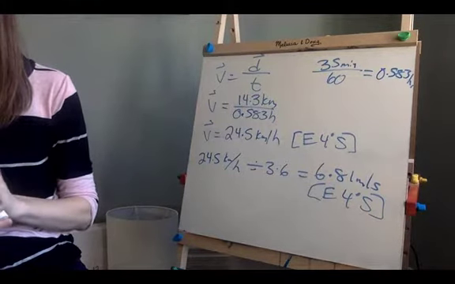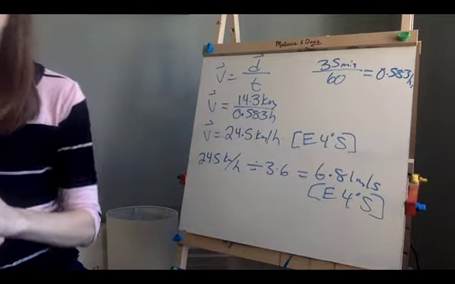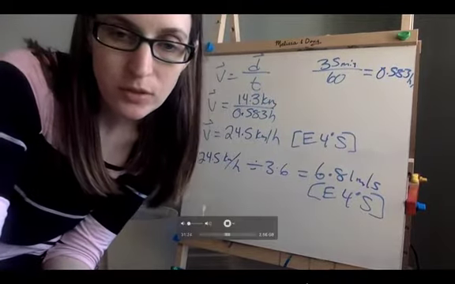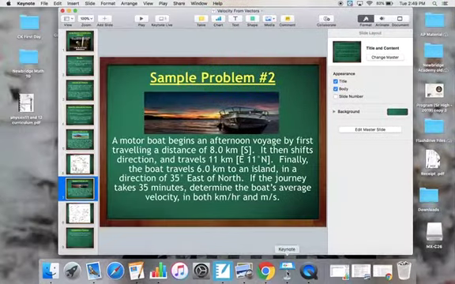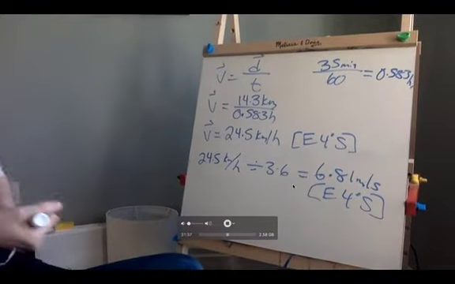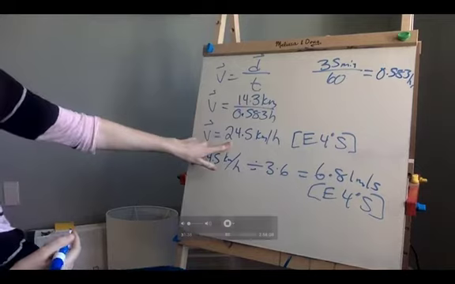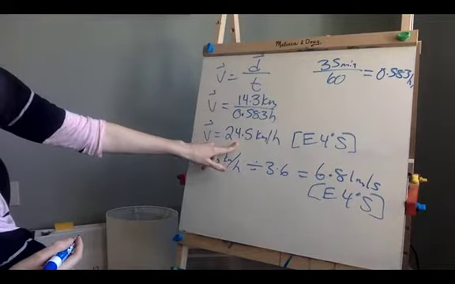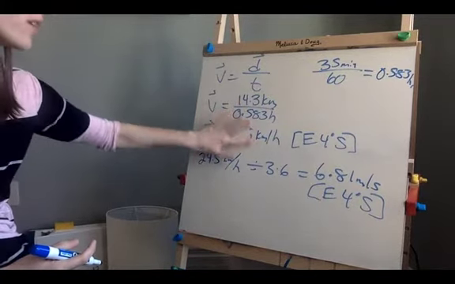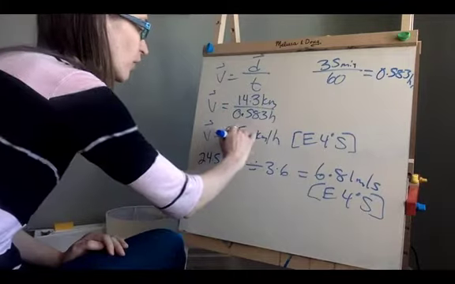I think just kind of looking back at this, what did we have that we were allowed to use for sig figs? So I should go back and double check that. 1, 2, 1, 2. Okay, so we do need to make a slight edit here because we only get 2 sig figs. So that being said, our velocity will need to be changed to just 25 kilometers per hour.